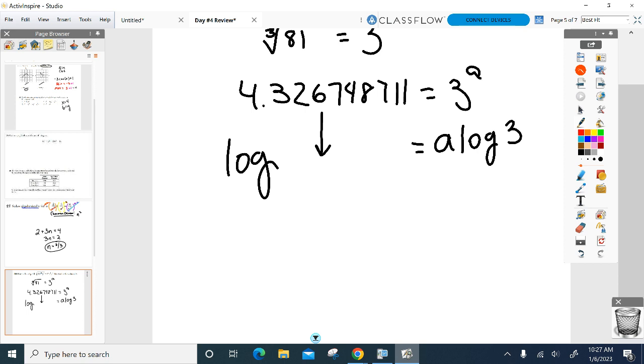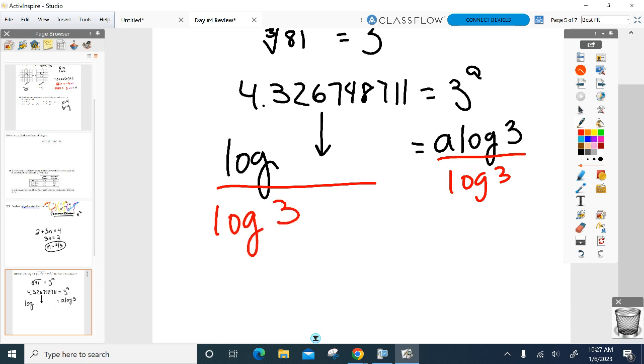Because this a has got to be by itself. Log 3. How do I do it? Divide by log 3 on the other side. There you go. And now it should come out to be something nice, I hope.